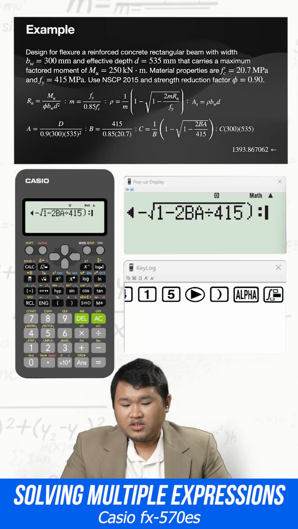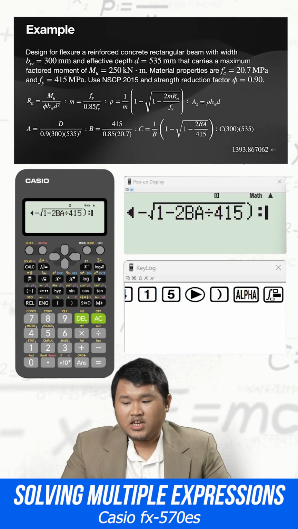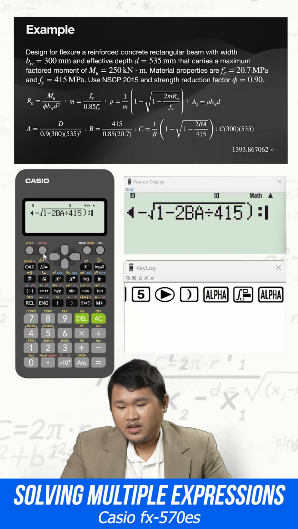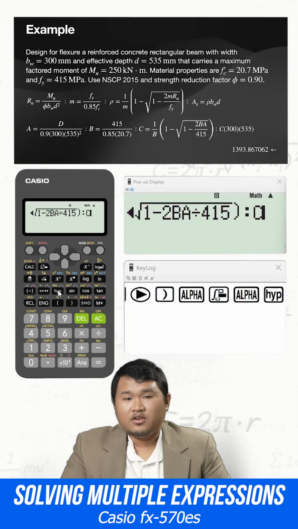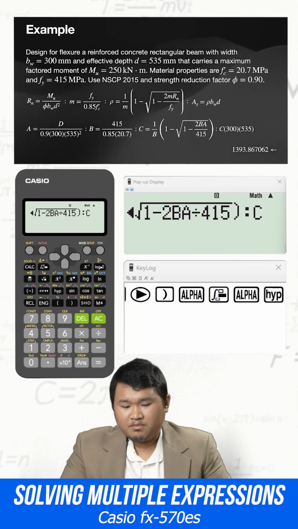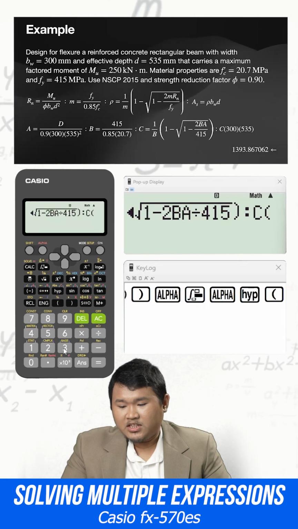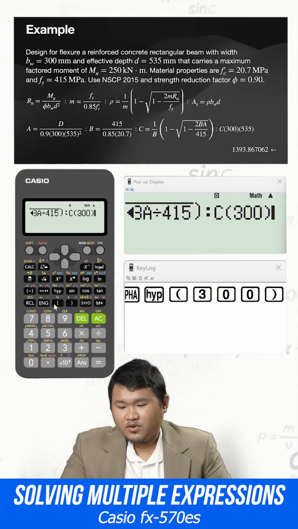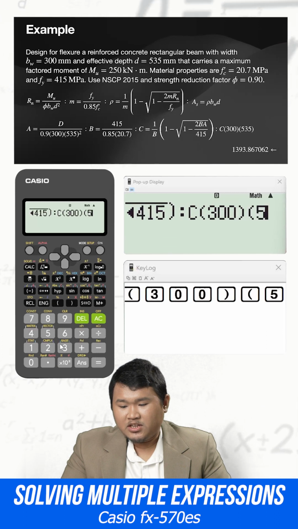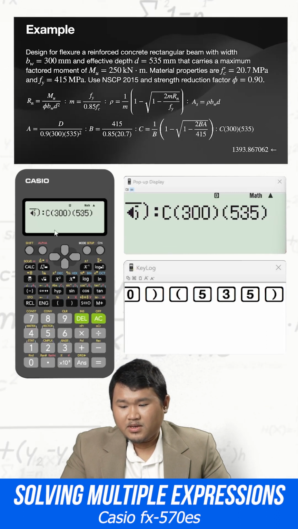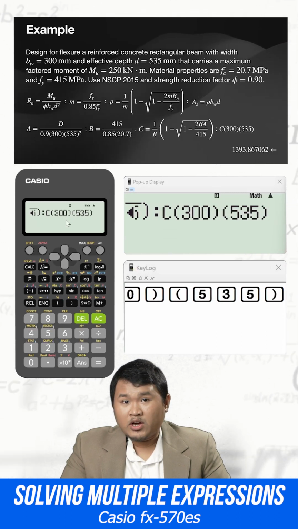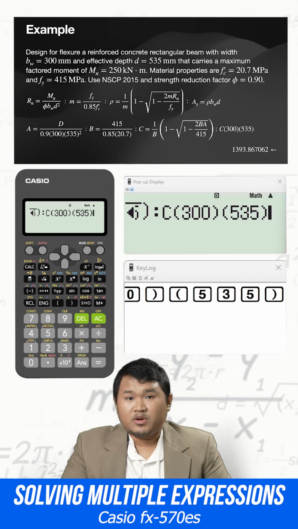So we can proceed right away with ρ, which is assigned to C, alpha, and then the hyp key, which is C, and then for bw, that is 300, and then for d, which is 535. Now we are complete in inputting the expression.